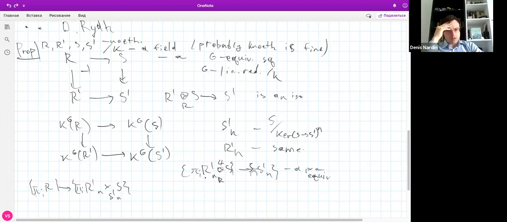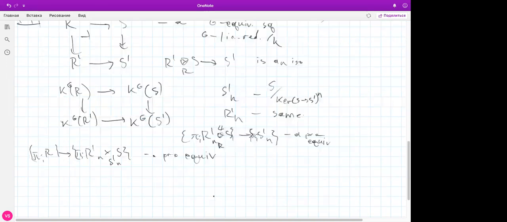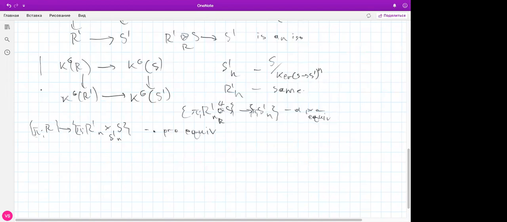These two pro-equivalences you wrote are hypotheses of your result? It's a hypothesis. Okay. So maybe I'll comment this, and here will be the continuation of the actual statement.